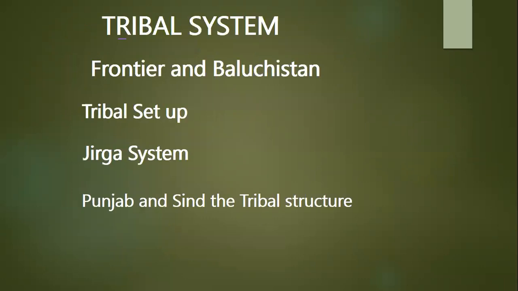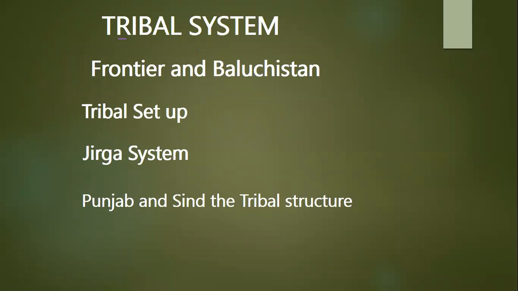Next topic we discussed was the tribal system in the previous lecture. A prominent feature of social organization in Pakistan, we know, is the tribal system, and especially universal in the hilly areas, frontier and Balochistan.